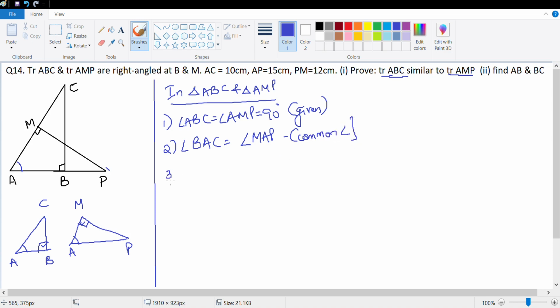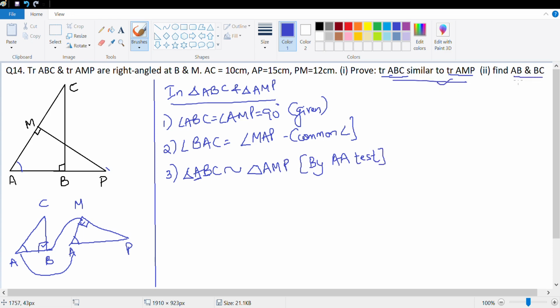Perfect. So what this means is triangle ABC is similar to triangle, let's look at the one-to-one correspondence. We got A and A equal, which means I wrote A in the first place, so A should be here. Next is B and M are equal. B was the second place, so this is M, and that leaves only P. This is by AA test. Done. So we've got this right.